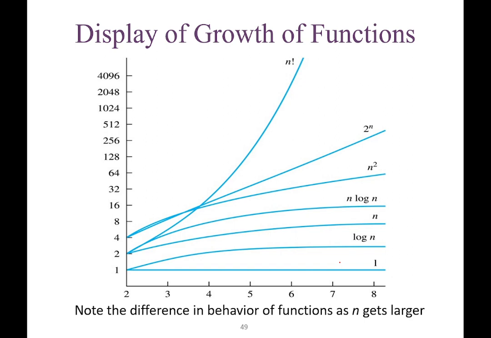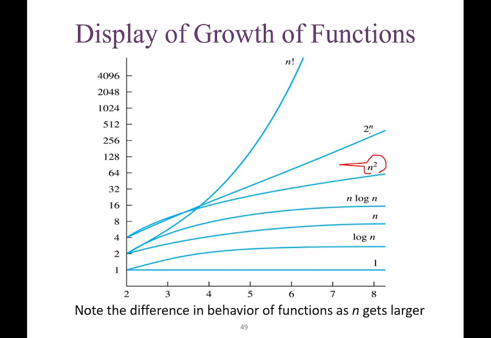Next is the most important slide in this section. We can plot the growth of different functions. We have seen a lot of different functions. For example, we have seen the polynomial function n squared. You can consider n cubic, n to the power of 10, n to the power of 100. They are all polynomial functions.